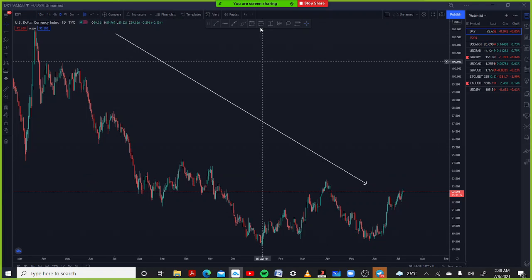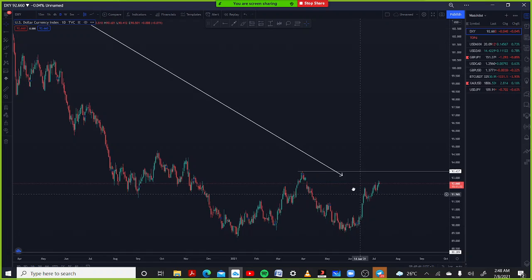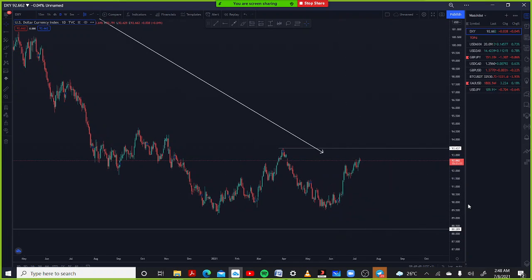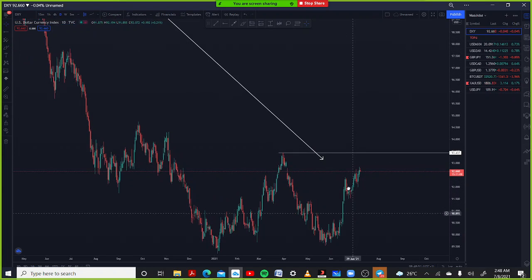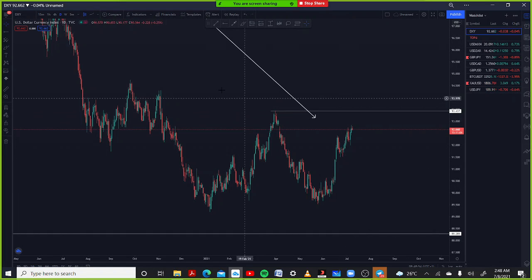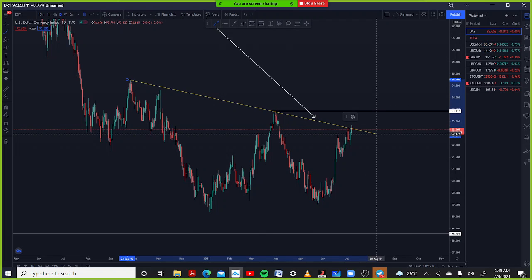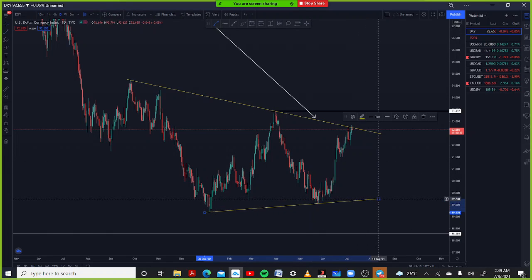So we want to highlight this resistance here and go over to the smaller time frame to filter this, and connecting our trend line we'll have something like this. This is a very clean setup we have here.